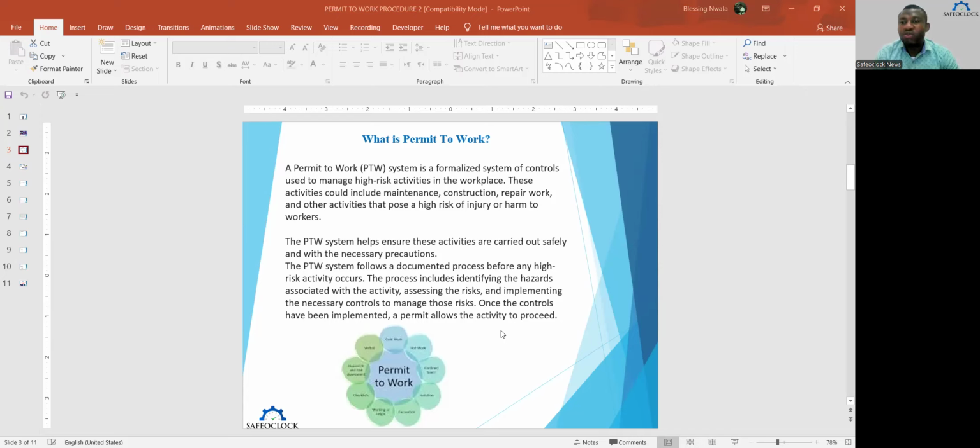Another thing is permit to work helps to identify hazards associated with any of the activities that require permit to work.